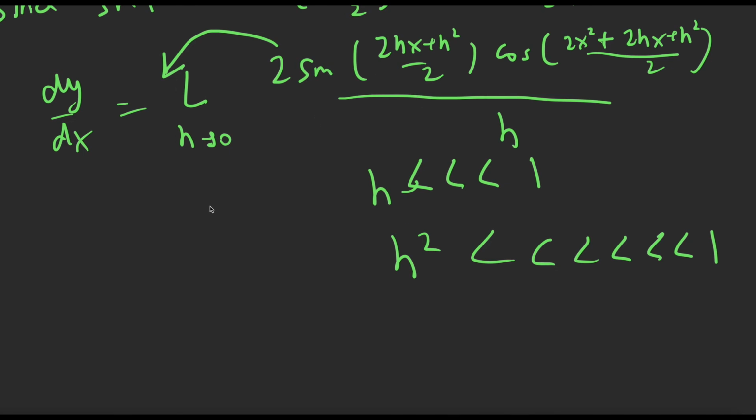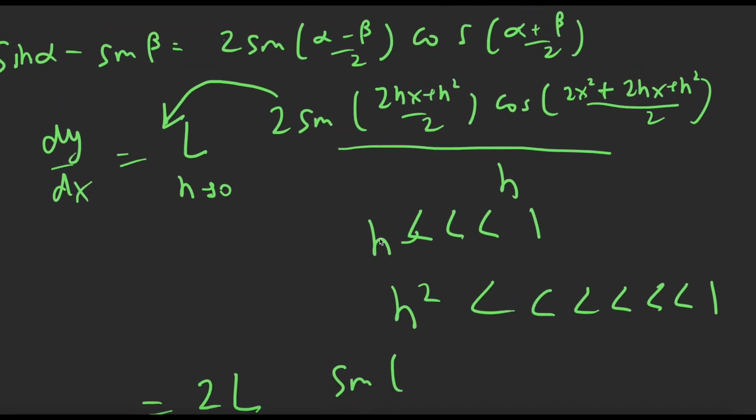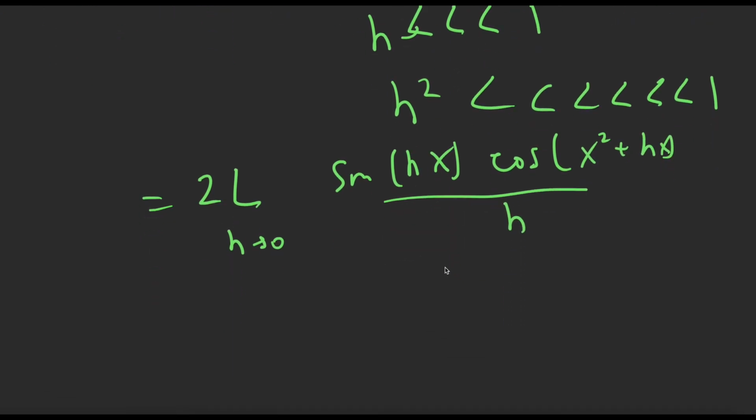So now we get that as limit as h tends to 0. Yeah, we can make this 0, and this 2 and 2 cancel out, so that gives hx into cos, same over here, this thing is 0, so x square plus hx, divided by h.